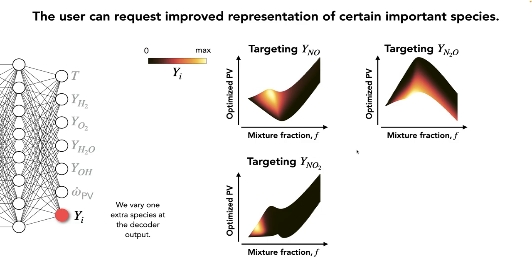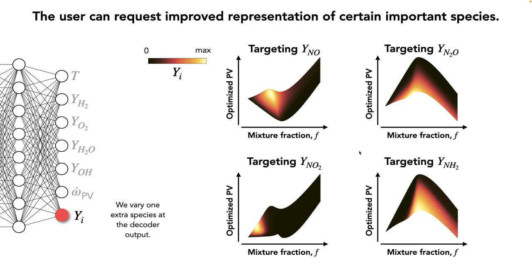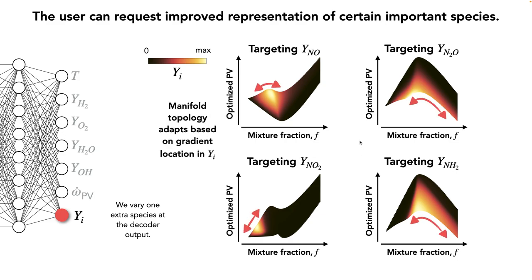If it's NO2, we get this. And if it's NH2, we get this. And you can see that there are some differences in how the parameterization topology adapts to also represent that one extra species. And most importantly, we seem to spread out regions where the gradient in that species is highest. For example, we get this bulging out topology when targeting NO precisely in the region where NO is varying.